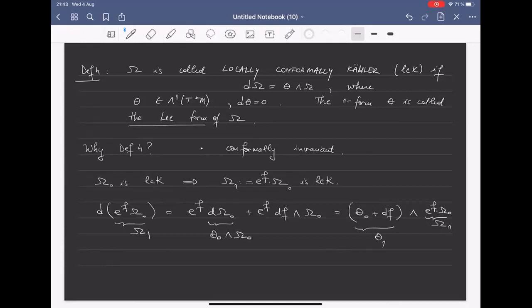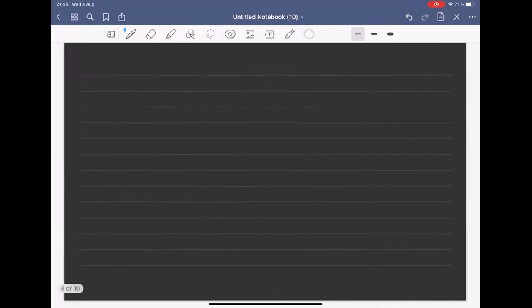So in other words, it means that the correct term would be not necessarily an LCK metric, but an LCK structure. So an LCK structure would consist of the conformal class of the metric, which comes along with the cohomology class of the Lee form, but the whole cohomology class.